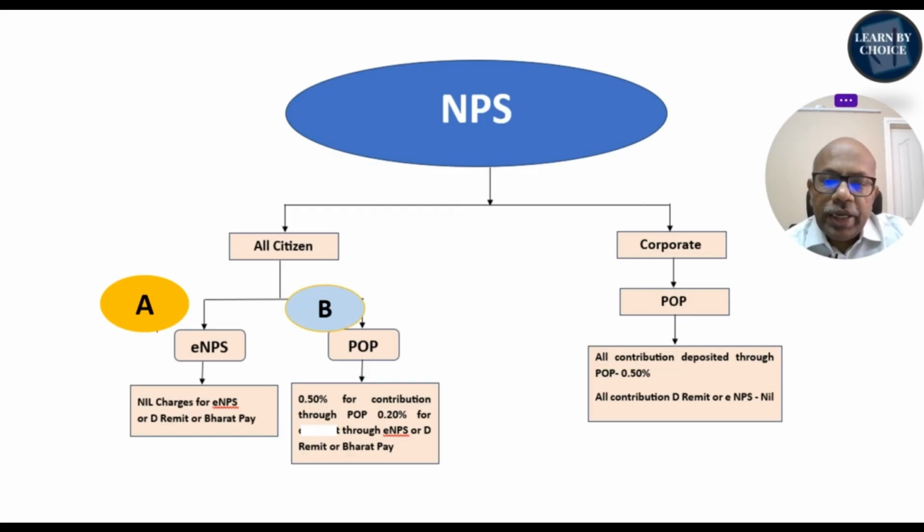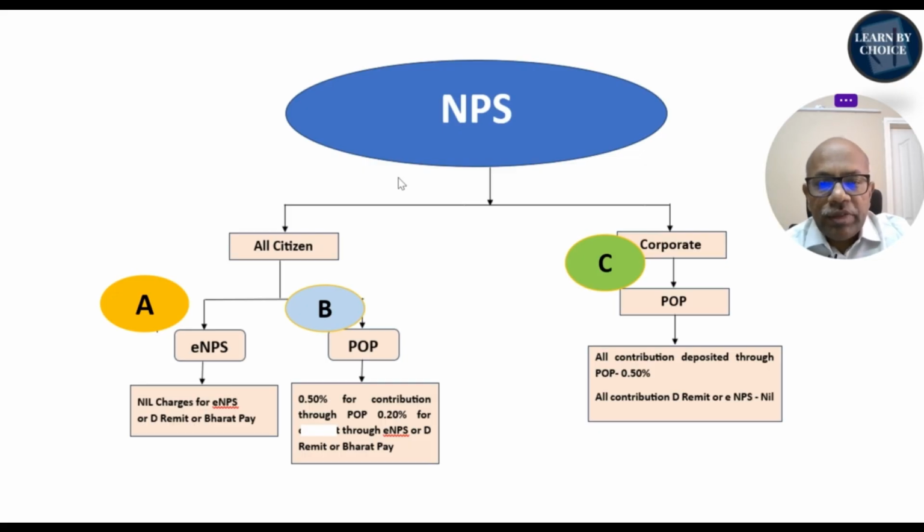And the next category of customers are POP customers. For example, you open the account through a bank or maybe a brokerage firm or through an NBFC. So you are classified under category B. Then the C category is basically the customers who open their account through their corporate. For example, you are working in a bank or maybe in an IT firm, then you open the account through the employer. So they are classified under C.